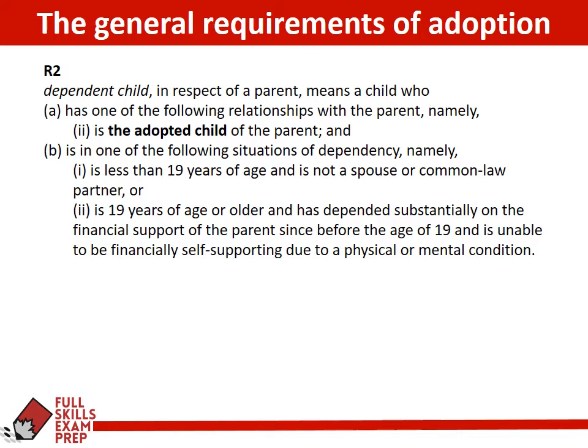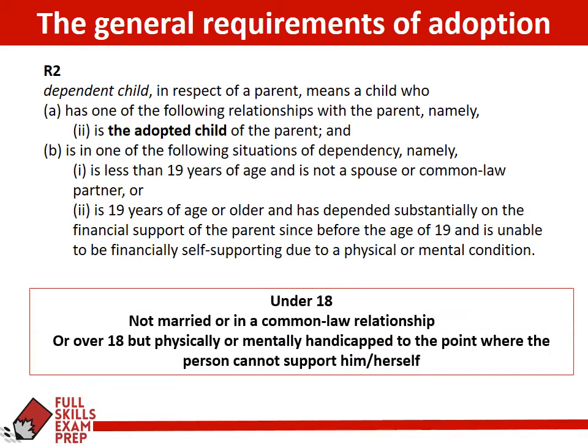So it means a child who is the adopted child of the parent and meets the other requirements there under B. So less than 19, not a spouse or common law partner, or is 19 or older, but dependent on the parents. We're going to come back to that little aspect in about 5 minutes as well, because again, it's another tricky little area that might come up on your exam.